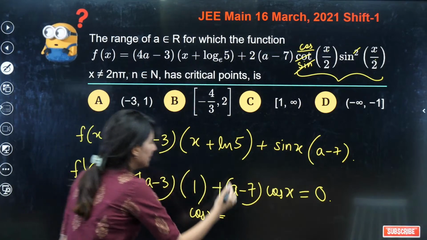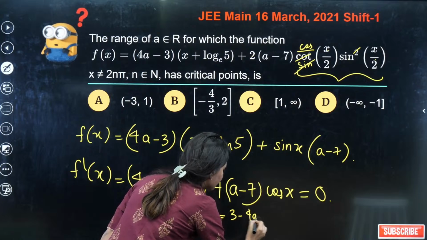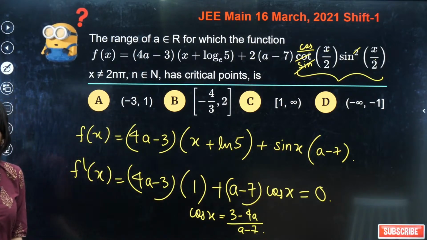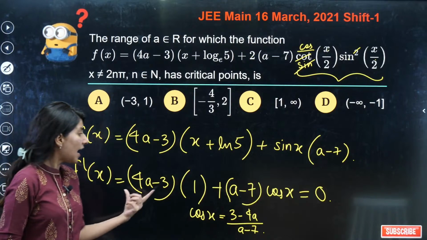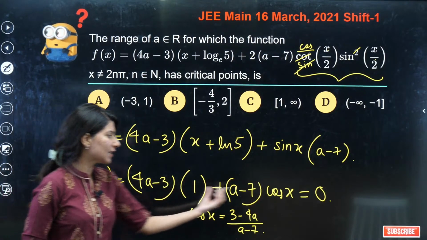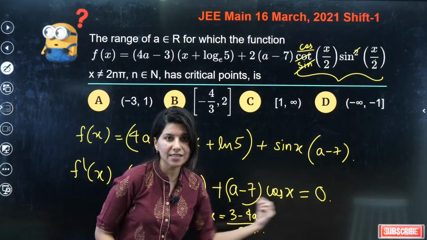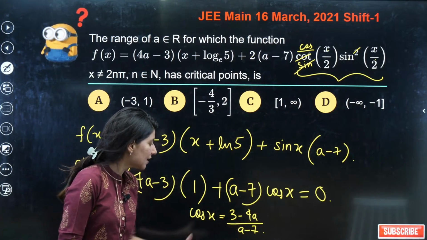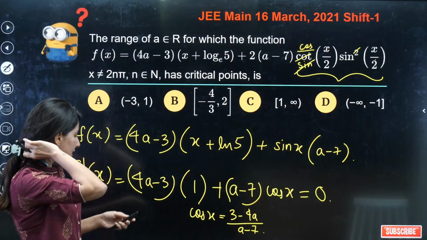So cos x will be 3 minus 4a upon a minus 7, right? And I will get a critical point if this equality holds true. That means my cos x should become equal to this.